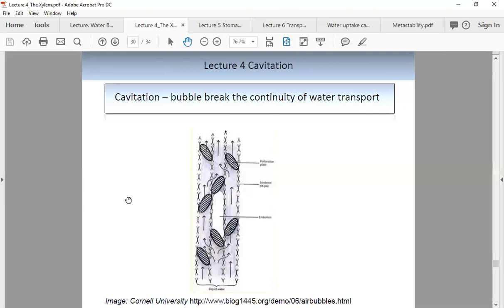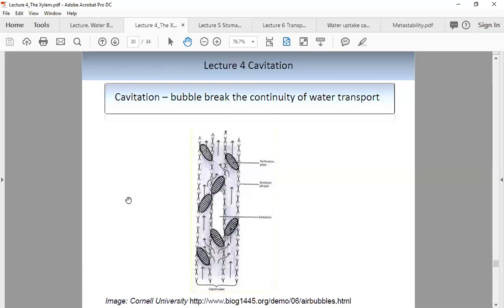You'll be interested in this one, all three of you, because they've done some of this work in grapevines. So imagine what happens if the xylem sap freezes. They've shown this in grapevines. Do you think that dissolved gases are very soluble in ice?